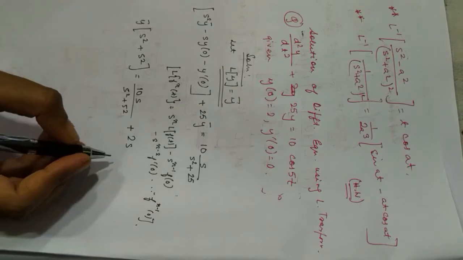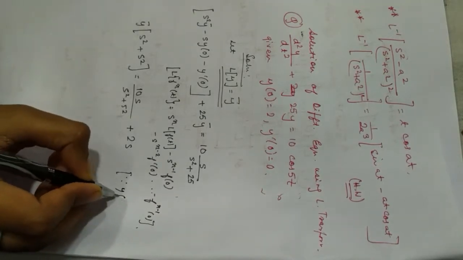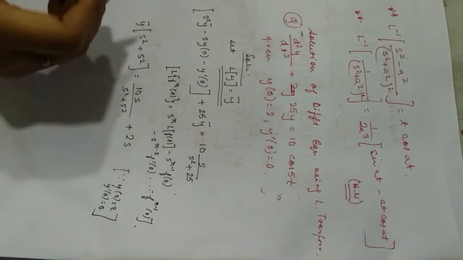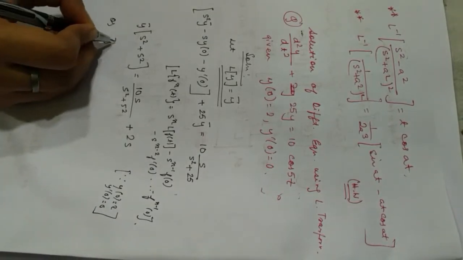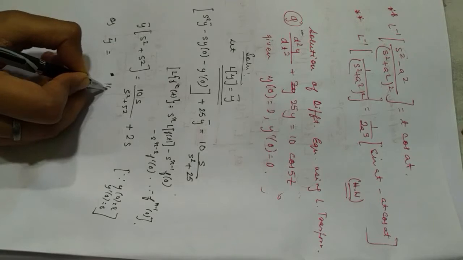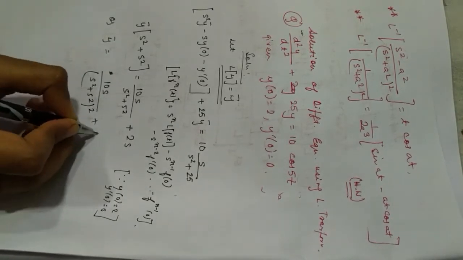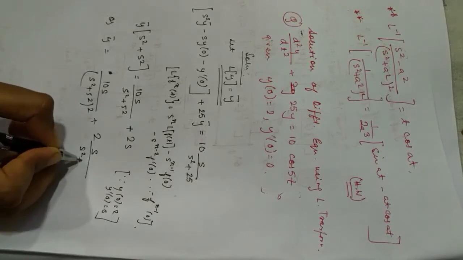We are left with this after putting in our initial conditions y0 is equal to 2, y prime 0 is equal to 0. Or y bar is equal to 10s divided by (s square plus 5 square) whole square plus 2s divided by s square plus 5 square.